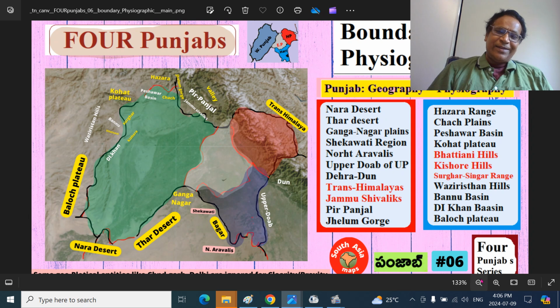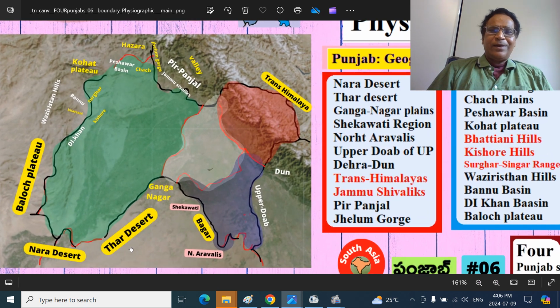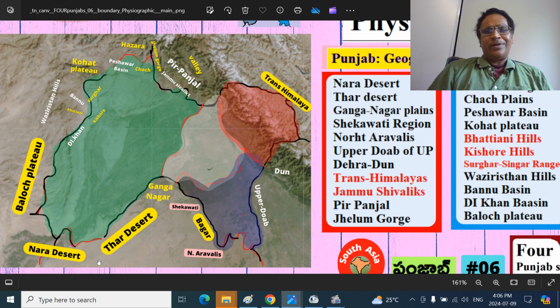The Thar Desert in our case here specifically covers Jaisalmer district, Bikaner district, parts of Churu and all those areas. Near this Cholistan desert, the area is called the Ganga Nagar Plains. Sometimes it's called the Bagar region.